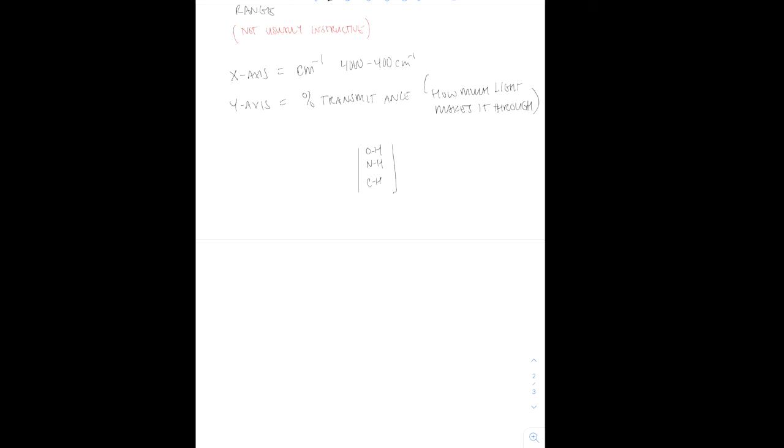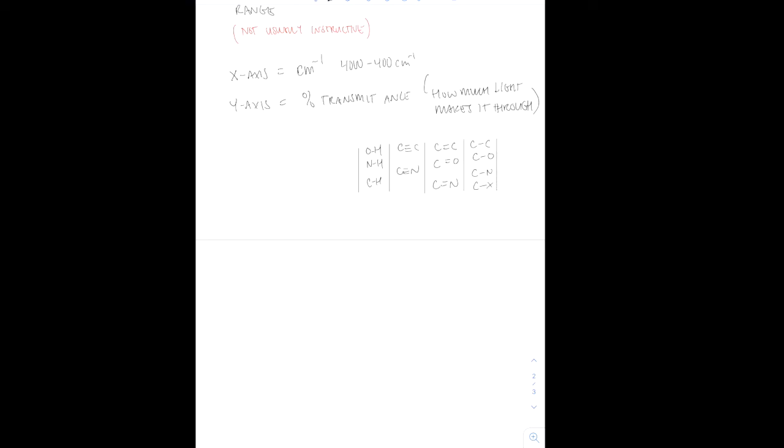Now I'm going to try not to make this ugly. We've also got a triple bond to a carbon, and then a triple bond with a nitrogen. Okay, we've got a carbon-carbon double bond, a carbon-oxygen double bond, and a carbon-nitrogen double bond. And then we've got CC, CO, CN, CX.